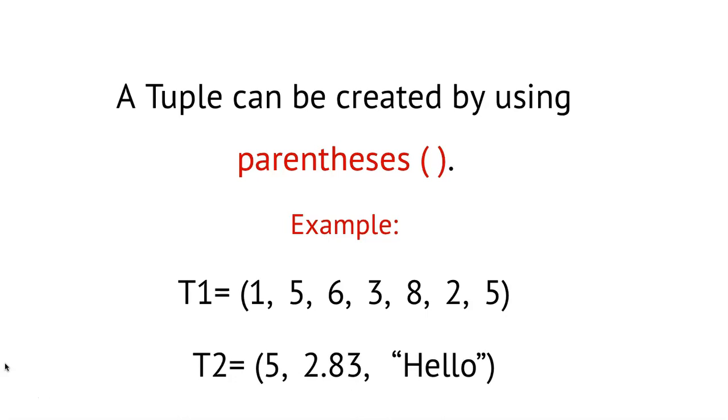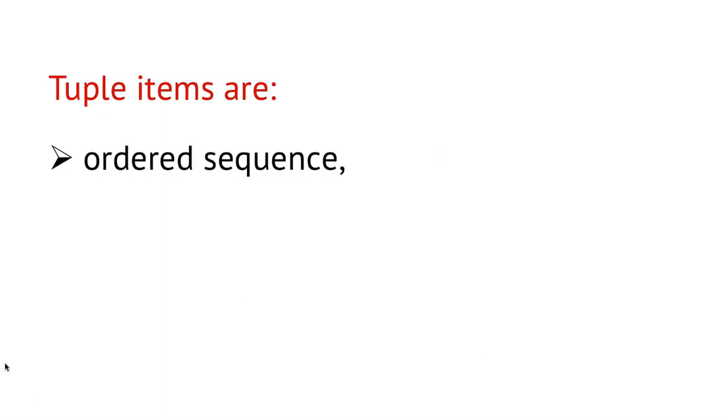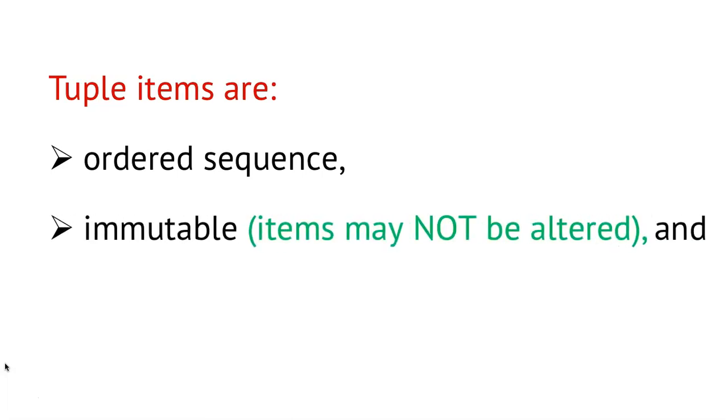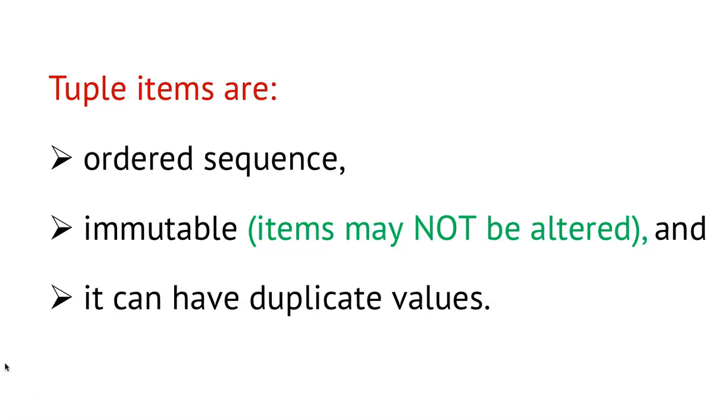T2 has values integer, float as well as string, as we know that a tuple can have mixed type of values also. Tuple items are an ordered sequence. Immutable means items may not be altered or changed, and it can have duplicate values.